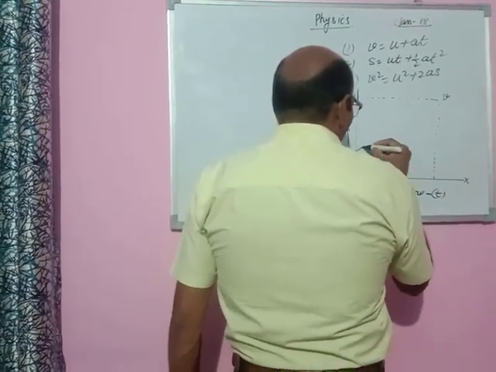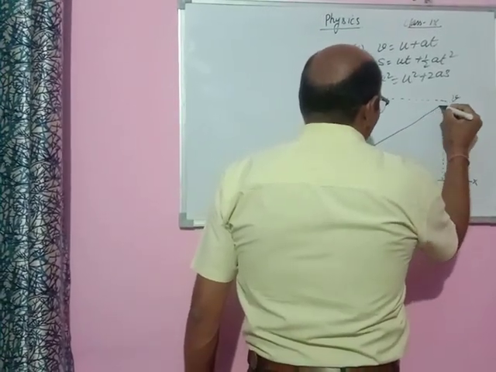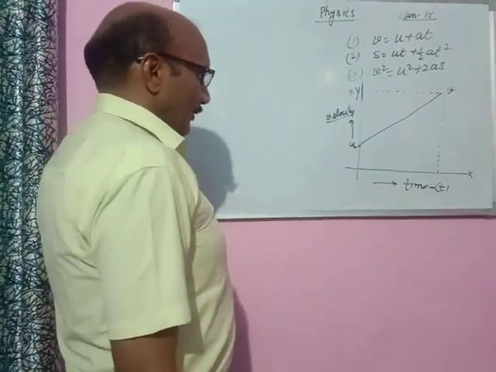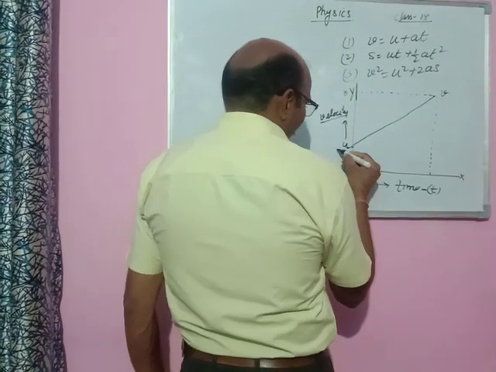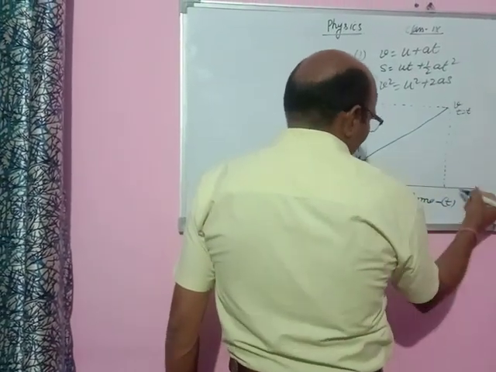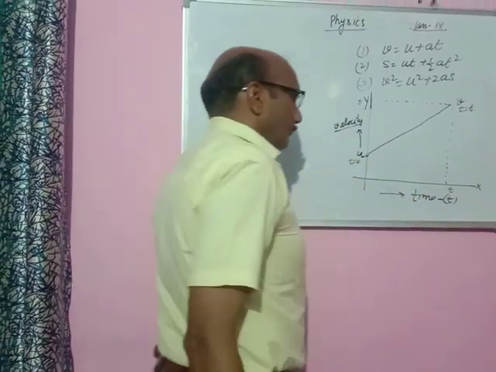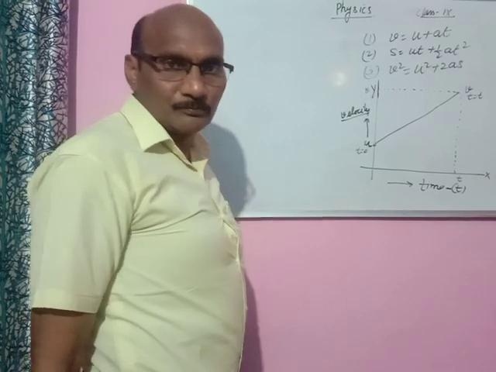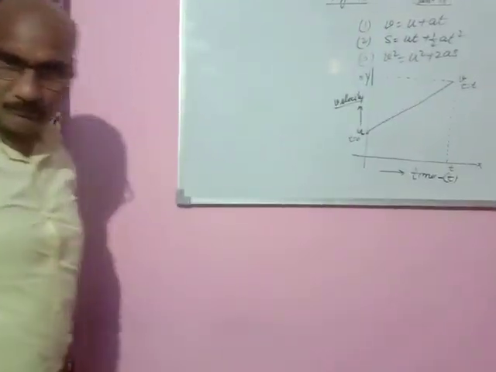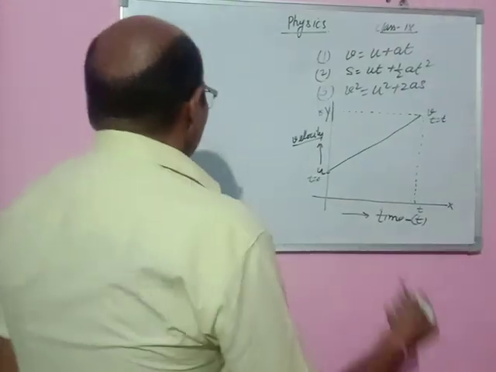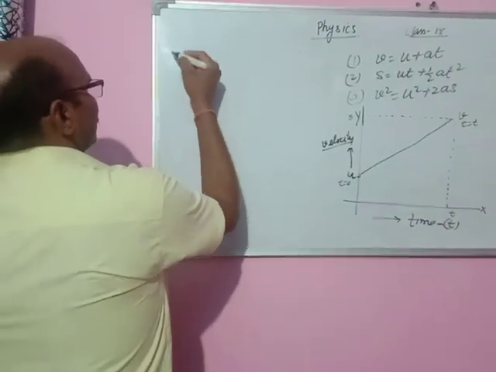So the velocity-time graph will be like this, with t equal to 0 at this point and time t at this point. So how do we derive the three equations of motion? Let's start from the first equation of motion.